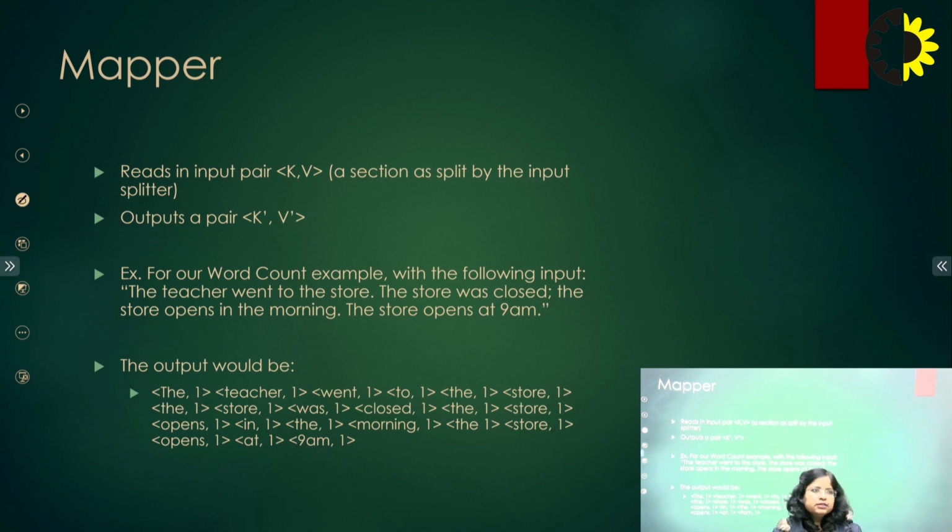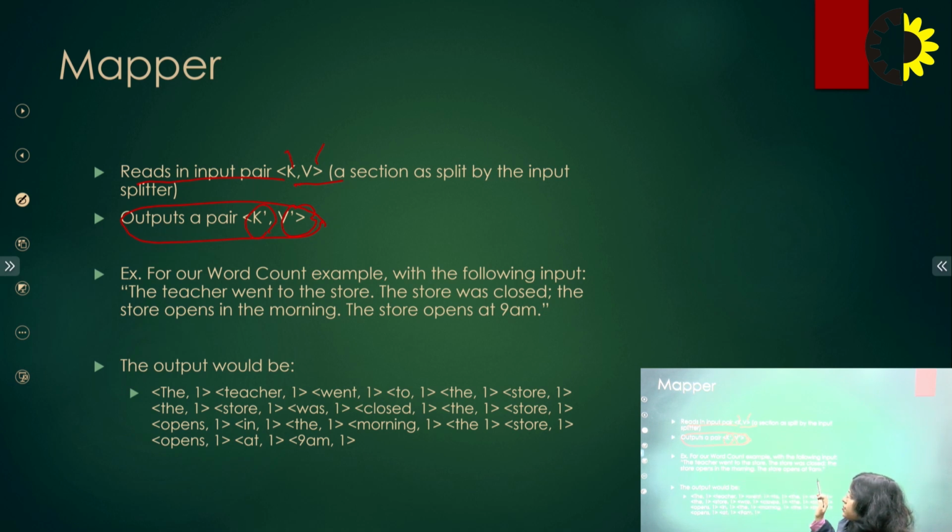The mapper reads the input data which is in the form of key K and value V, and outputs the data in the form of a pair K' V'.